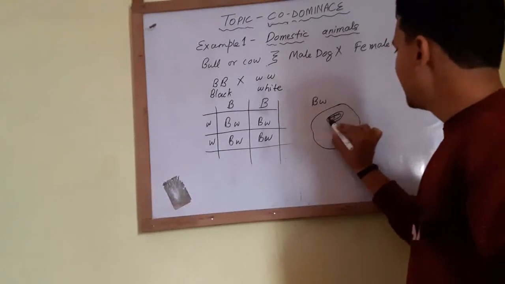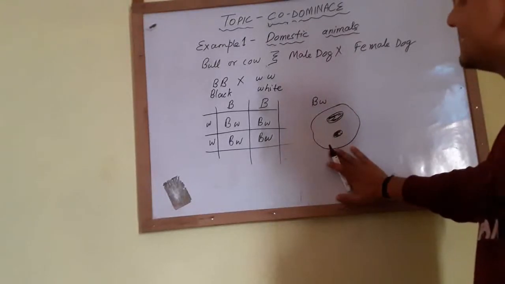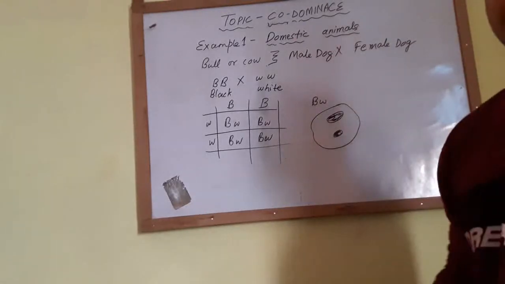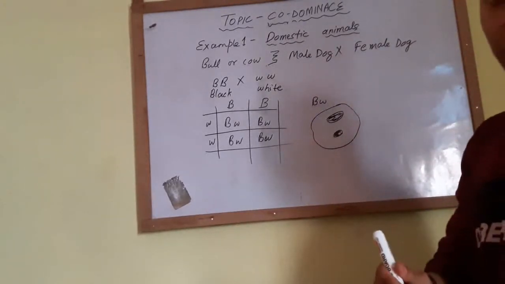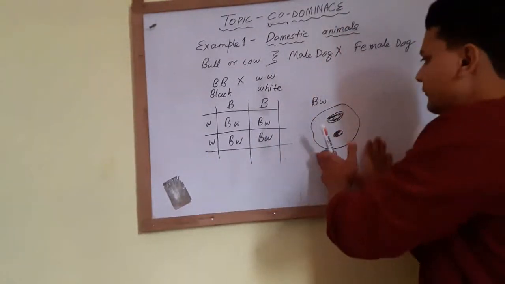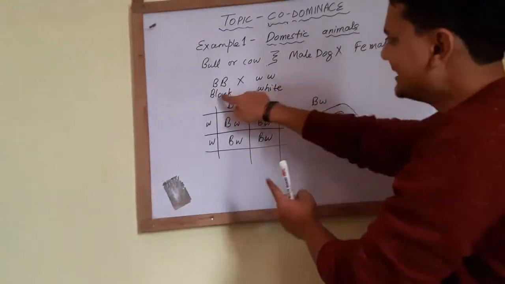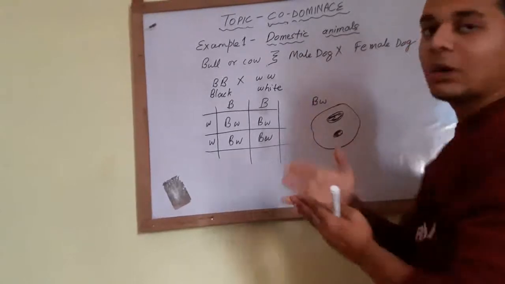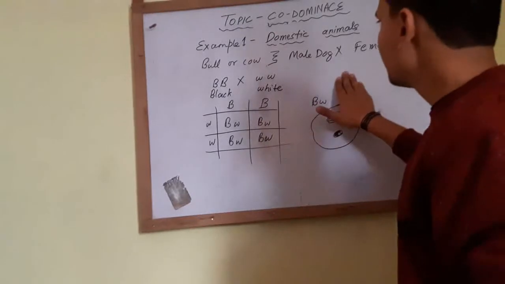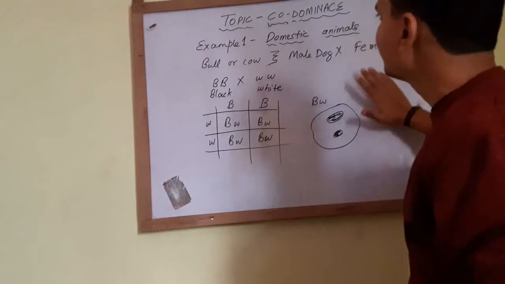In this type of case of bull or cow or male dog or female dog, we can see that dogs also show variations like codominance. Both the alleles are expressing their qualities equally. Both are dominating together, so this case can be said to be codominance. That is a very good example of codominance.